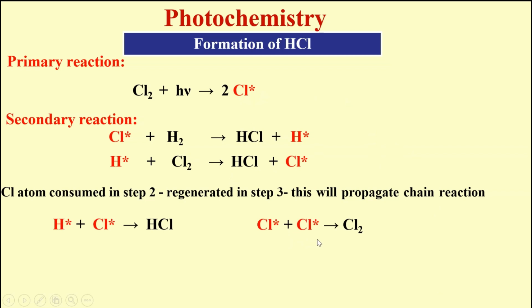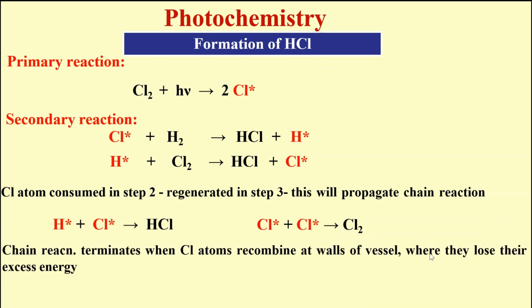The two chlorine radicals combine together to give rise to a chlorine molecule and then the reaction gets terminated. This is chain termination. Here the chain reaction terminates when the chlorine atoms recombine at the walls of the vessel by losing their excess energy.